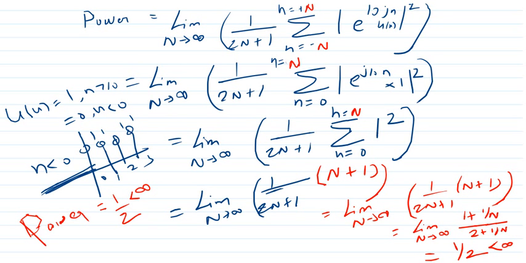If we calculate the energy of this type of signal, then we will always get infinite energy, because if we have a power signal, the energy will be equal to infinity.